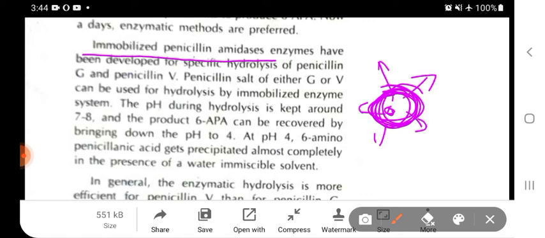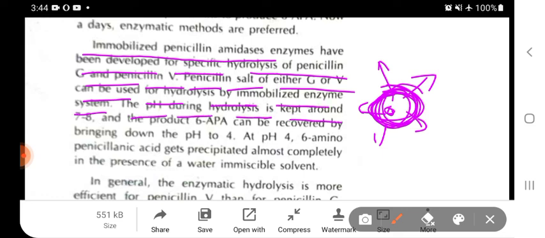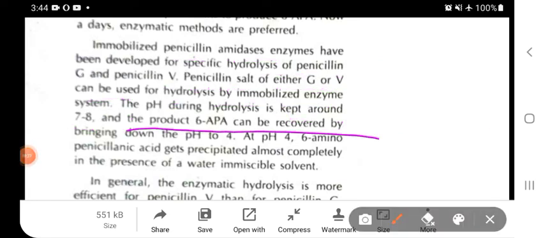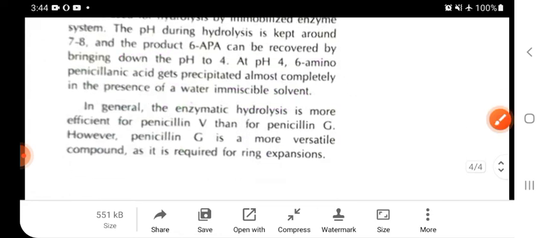Immobilized penicillin amidase enzyme has been developed for specific hydrolysis of penicillin G and penicillin V. Penicillin salt of either G or V can be used for hydrolysis by the immobilized enzyme system. The pH during hydrolysis is kept around 7 to 8, and the 6-APA can be recovered by bringing the pH down to 4. These techniques are applied for modification of natural penicillin to prepare semi-synthetic penicillins.